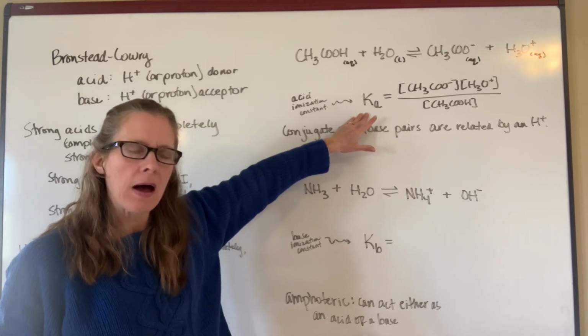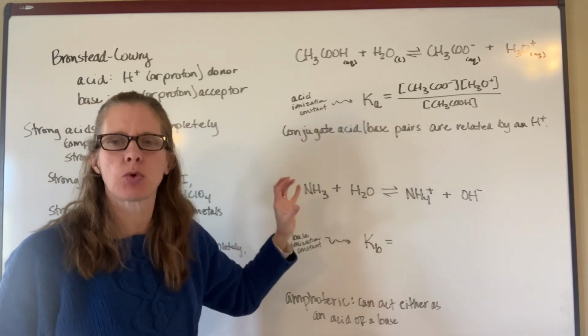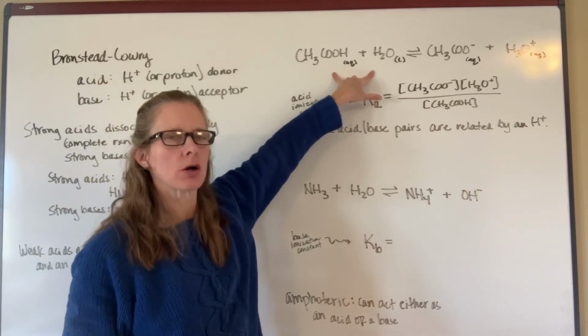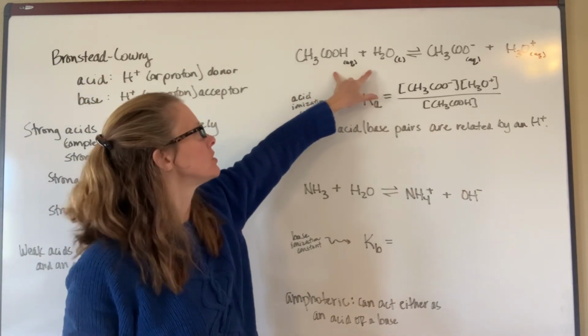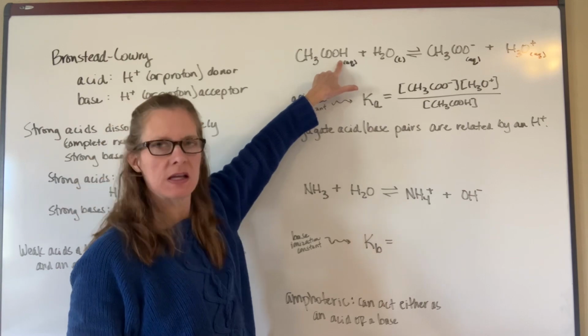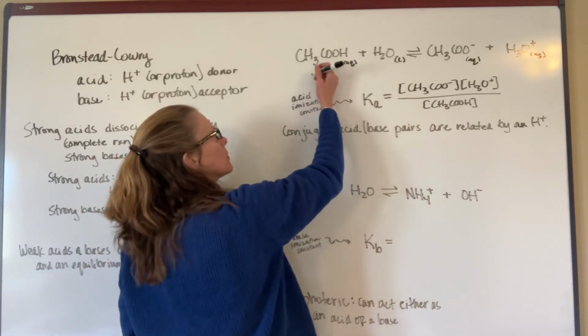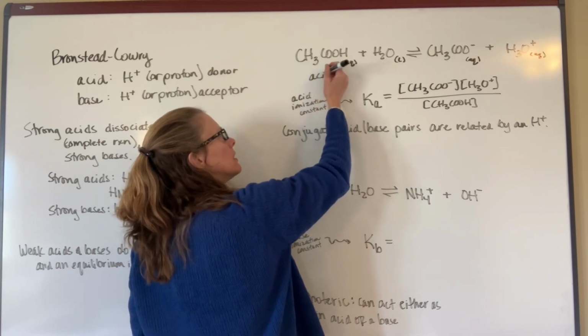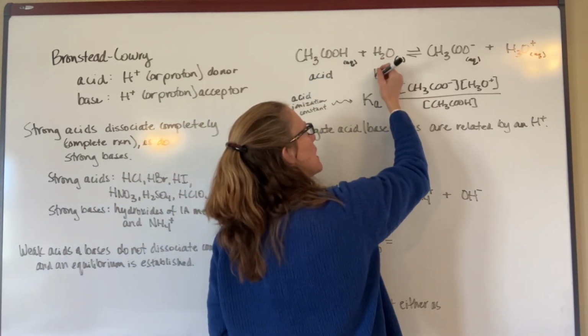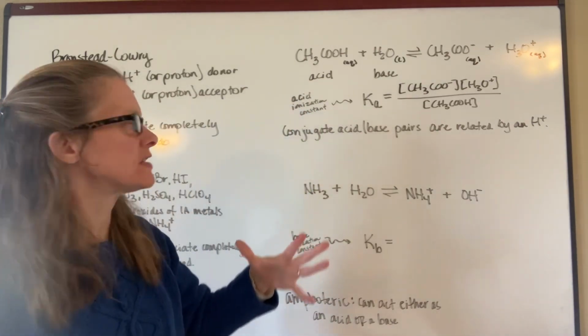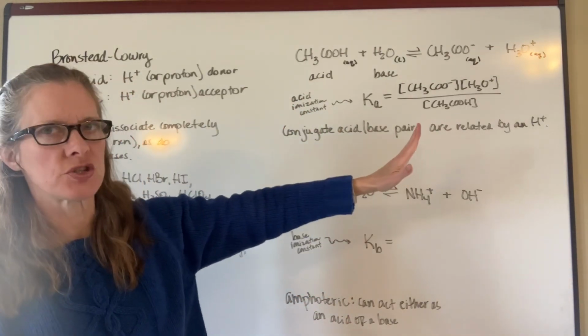We also have, with acids and bases, what we call a conjugate acid-base pair. So if I look here, according to the Bronsted-Lowry definition, this is the one that's donating the hydrogen ion to the water. So in this reaction, this one is the acid, and this one is the base. Now, with the conjugate acid-base pair, I'm looking at what's on the other side.